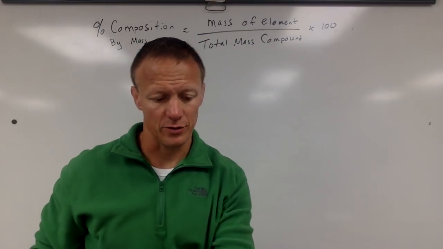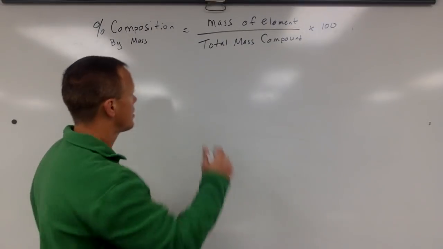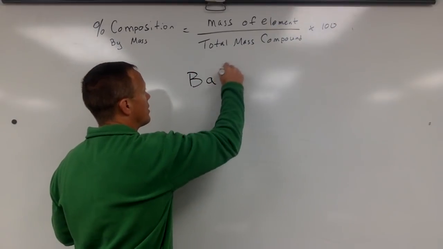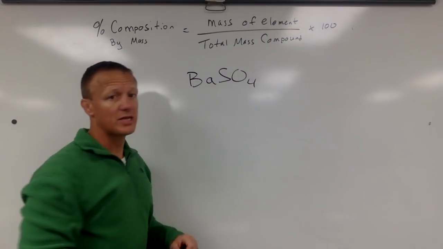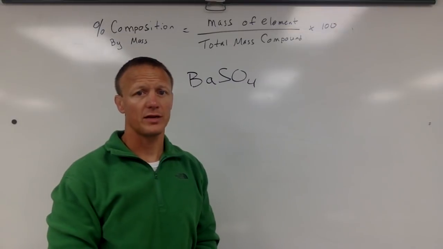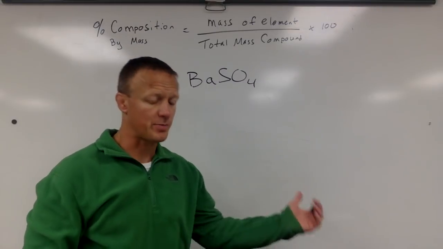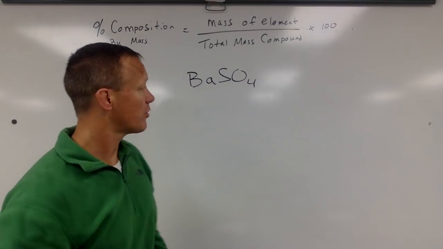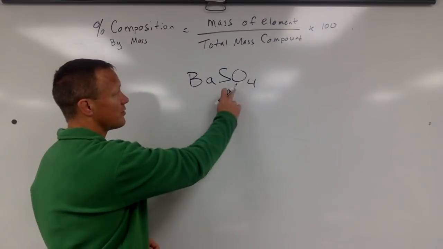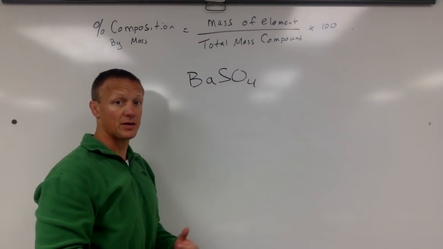Number 19 in your notes. I want to know the percent of each element in barium sulfate. I could just ask you the percent of maybe just barium or just oxygen, but if I want to know the percent of each element, first thing I need to do is add up the total mass of the compound off the periodic table.